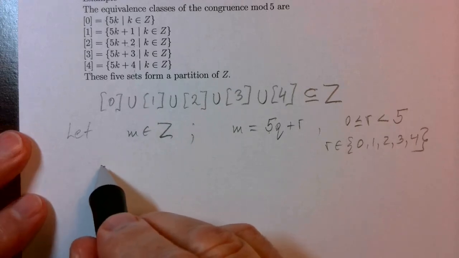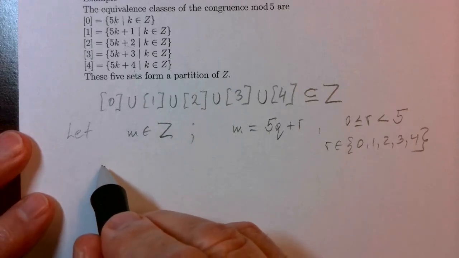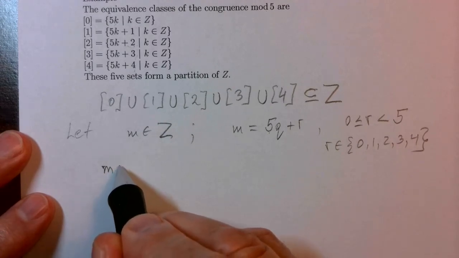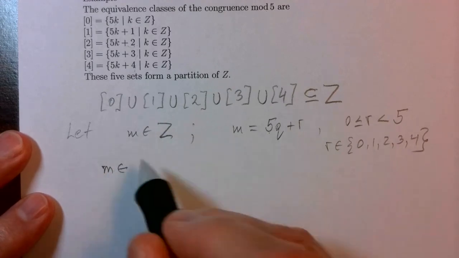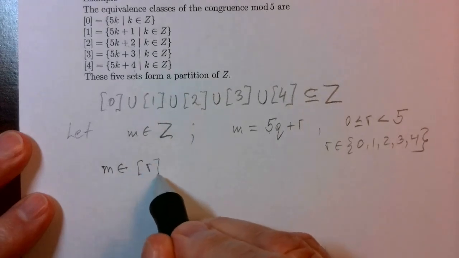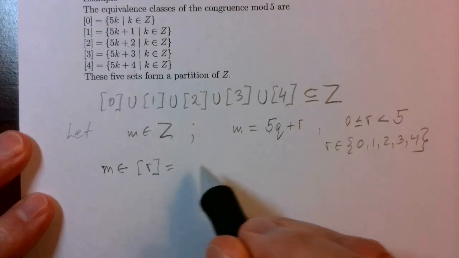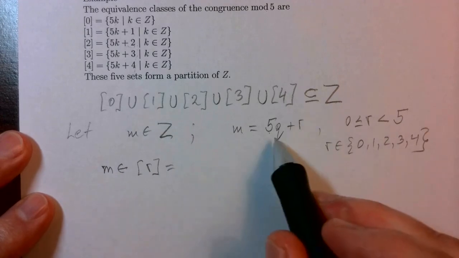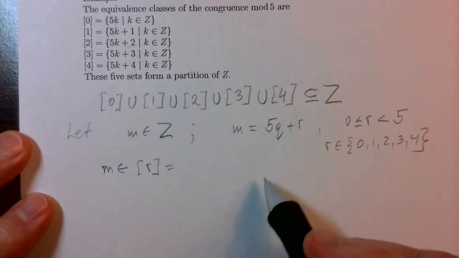This means that m belongs to the class of r, which is 5k plus r.